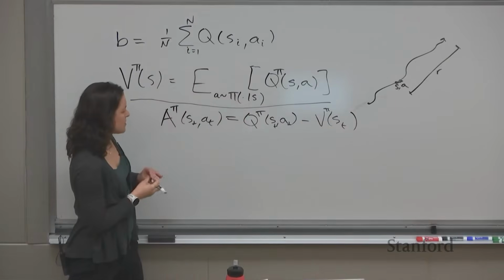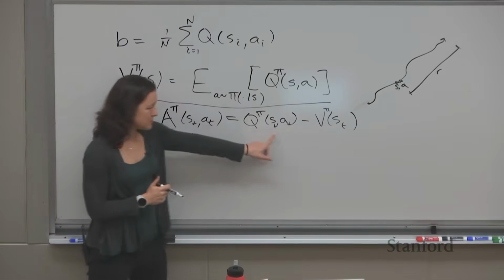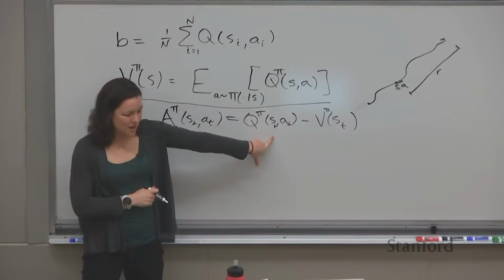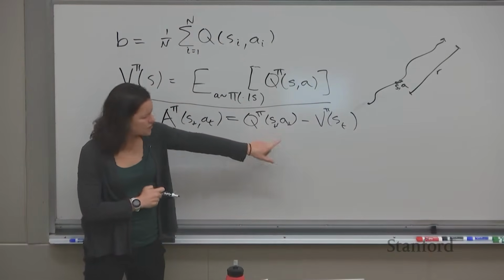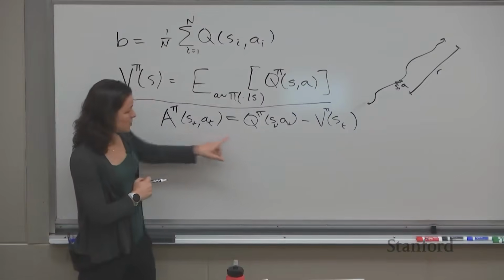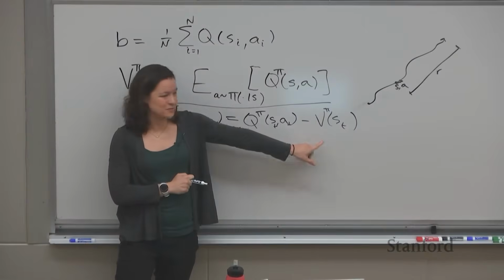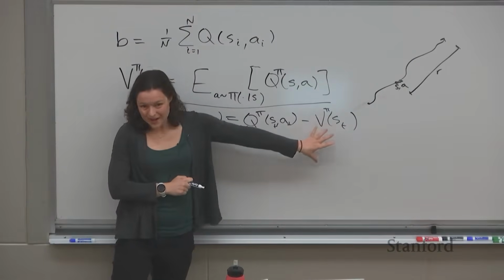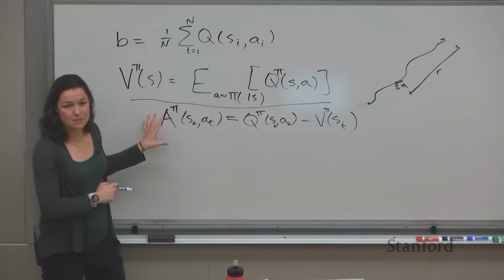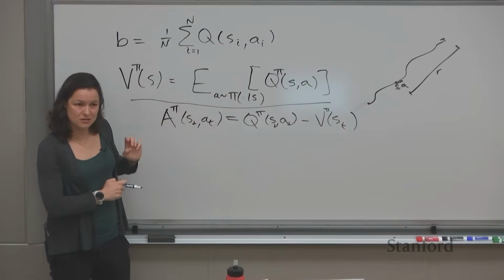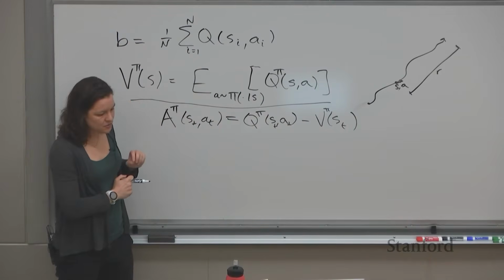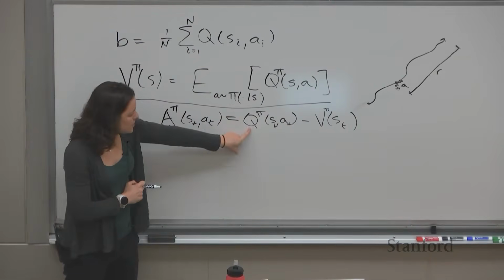One option is we could try to estimate these two, although then we'd still have to estimate two objects. There's actually a way to turn this into an equation that only depends on V^π. That would be nice because then we could fit only V^π and derive A^π from there to get the gradient.